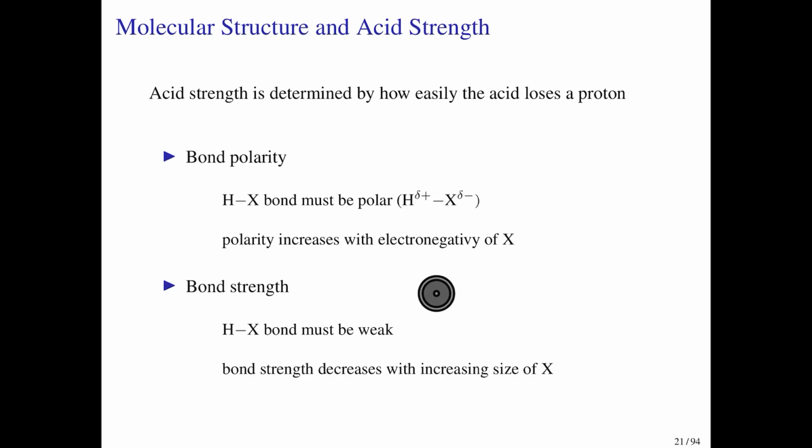And what we find when we look at different acid bonds is that the strength of the bond decreases as the size of the parent atom increases. So if X here is a large atom, then the bond between hydrogen and X will be longer and consequently weaker. Therefore, it will be more acidic.